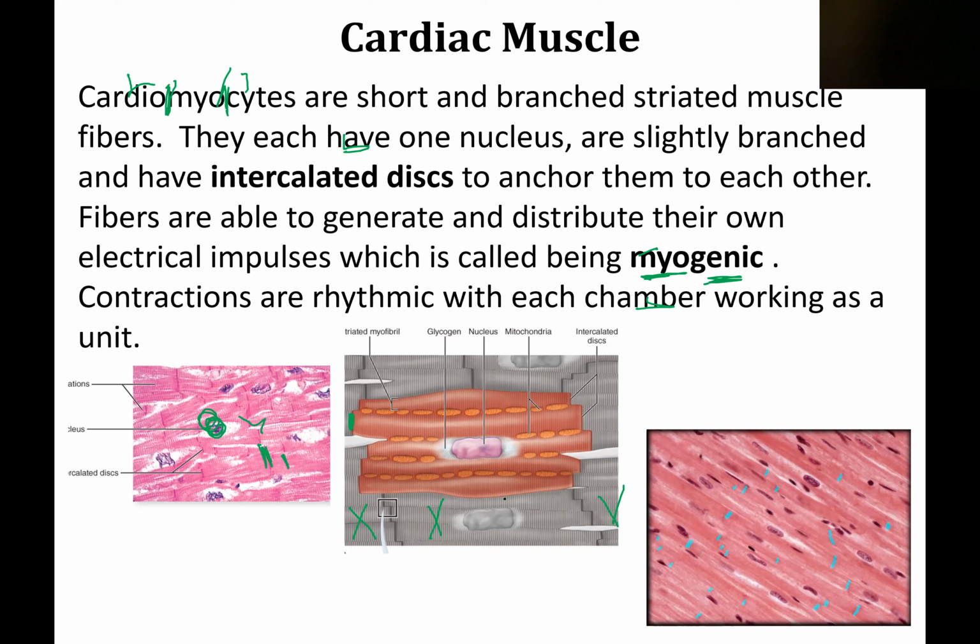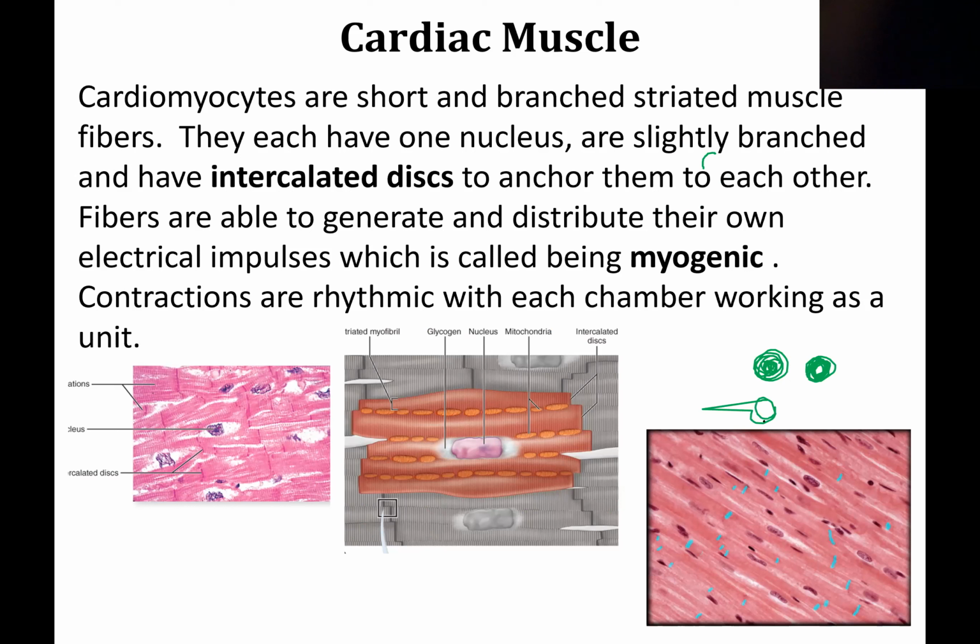Now, the contractions are rhythmic, so the entire chamber works as a unit. So the right atrium works as a unit. It contracts and relaxes at the same time, all the tissue. The left ventricle contracts and relaxes.